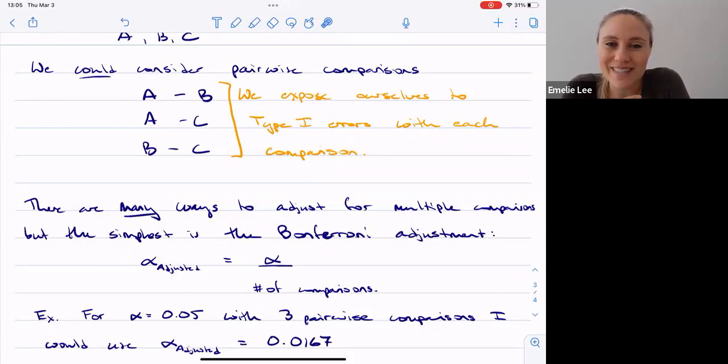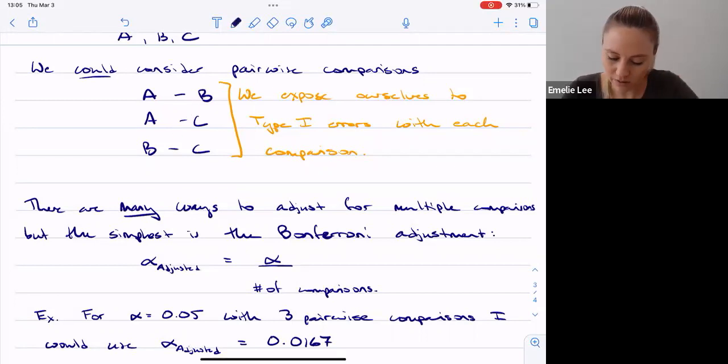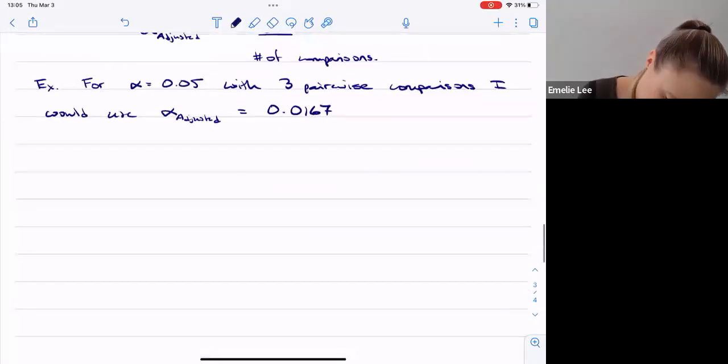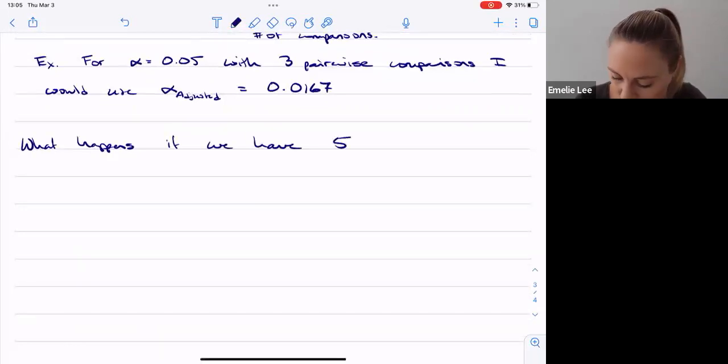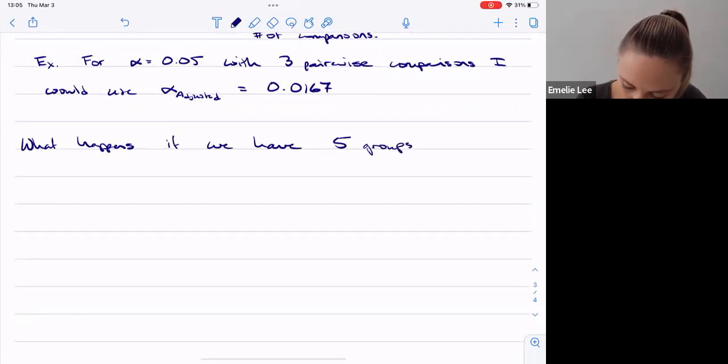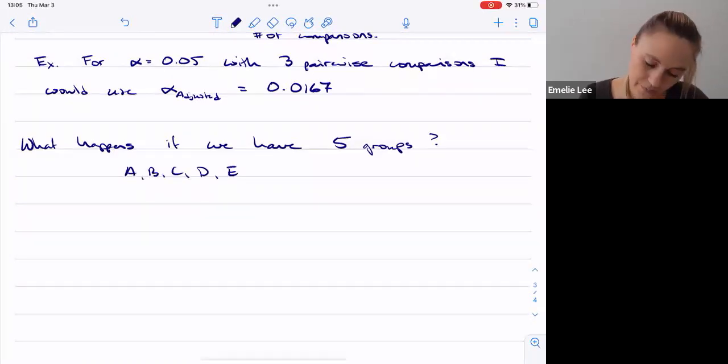What happens if I have, let's say, five groups that I want to compare? I could go through and list them all: A, B, A, C, A, D, A, E. So what happens if we have five groups, A, B, C, D, E?